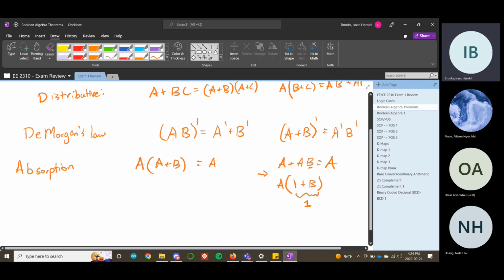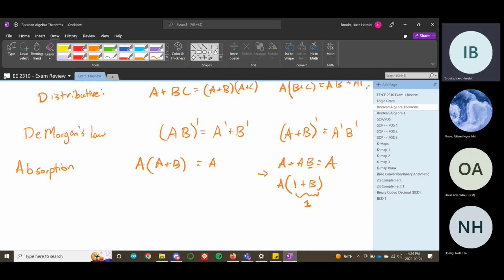And that's by the, what is that, the identity with OR, not the identity, yeah, no. For this exam, I don't think you need to know the names of the properties, but just know how to use them. There are different names for it in different books. So then this becomes just A, because A and 1 is A. And we use this for the next step.